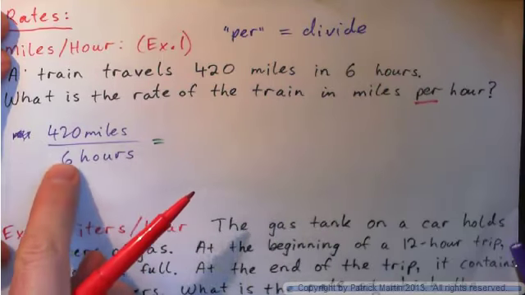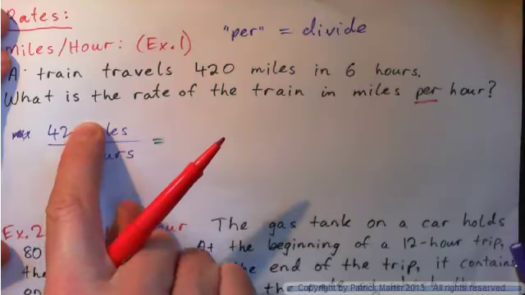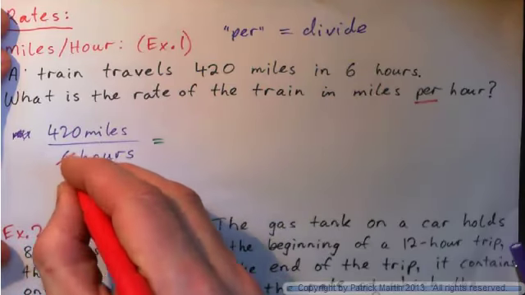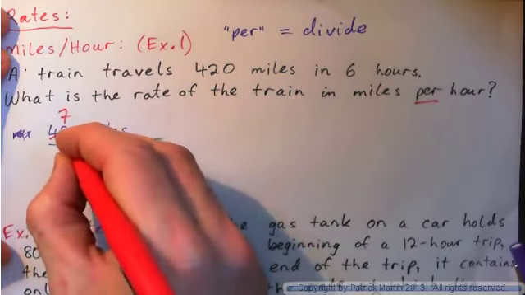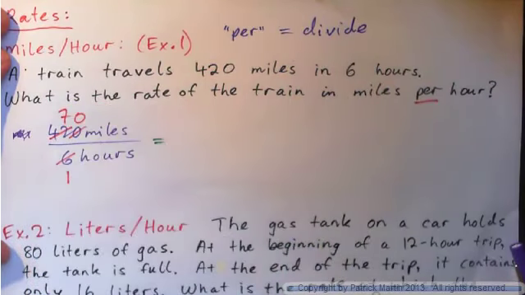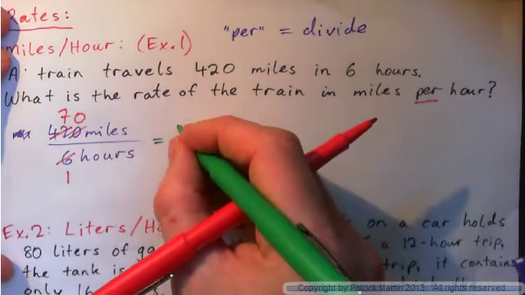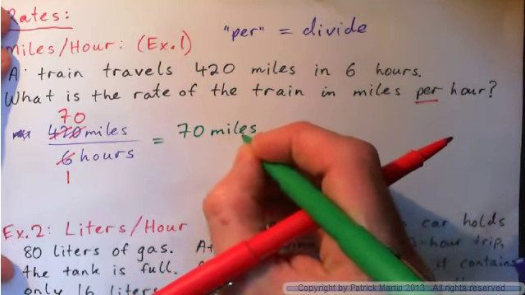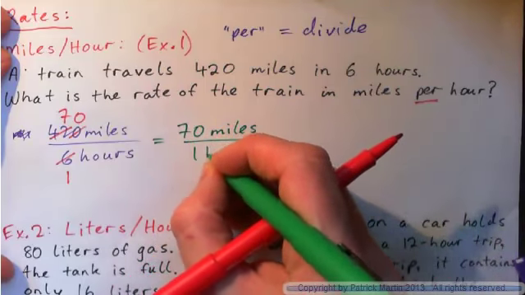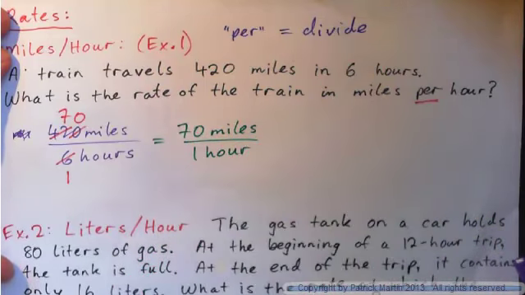But you might know that 6 goes into 42. So 6 into 6 goes once, 6 into 42, 7 times, and 6 into 0, 0 times. So we get 70 miles divided by 1 hour, right?